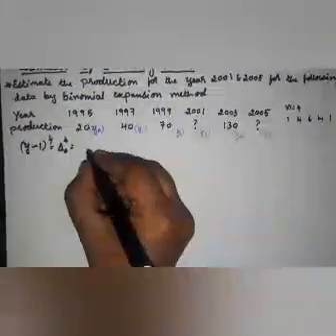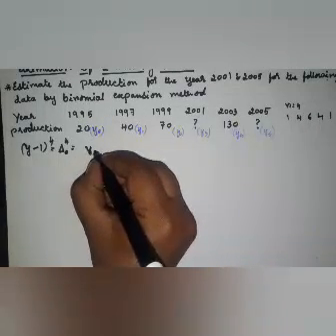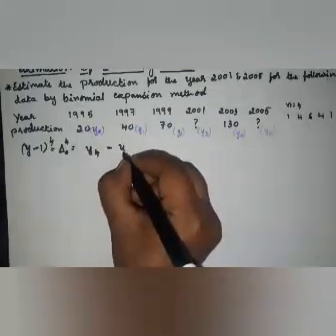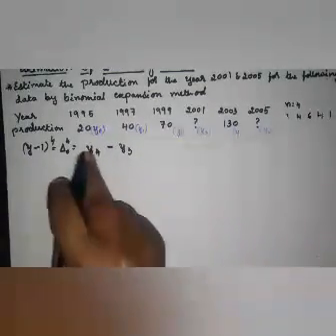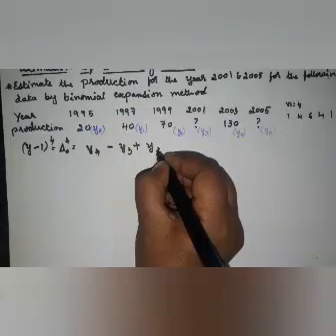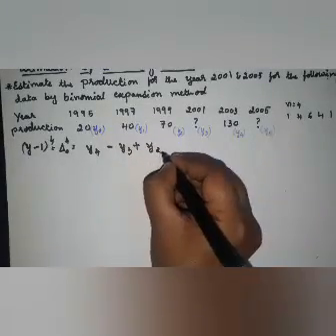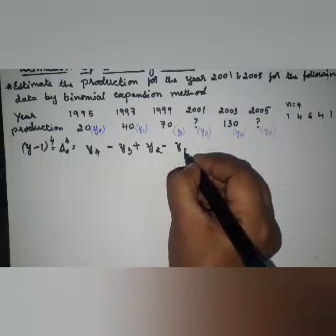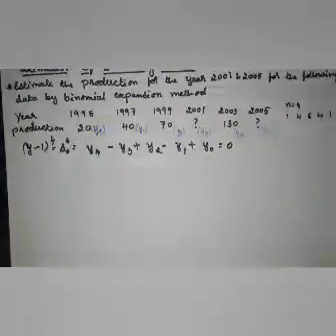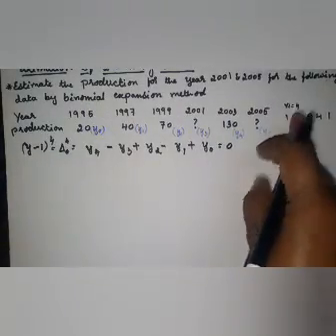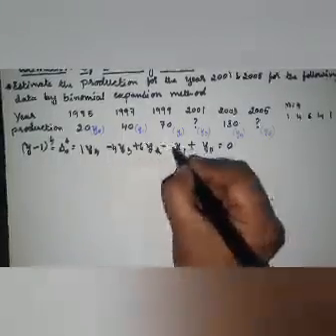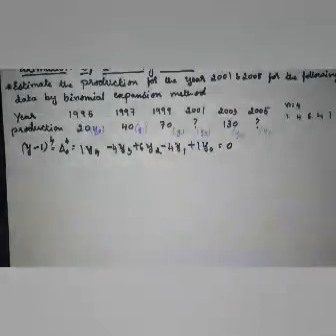So just put y4 minus 4 y3 plus 6 y2 minus 4 y1 plus y0 is equal to 0, with the coefficients 1, 4, 6, 4 and 1, the first one positive and the next negative.